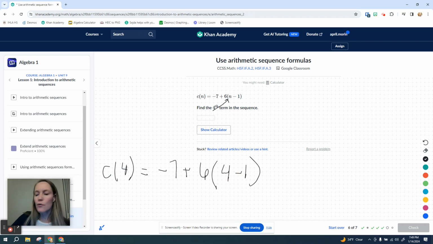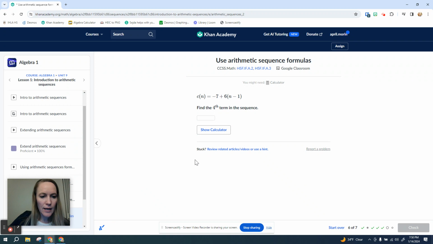Okay, so 4 minus 1 is 3. 3 times 6 is 18. So go ahead and skip steps if you can do them all in your head, that's totally fine. And then -7 plus 18 is +11. All right, so that's going to be our answer here.